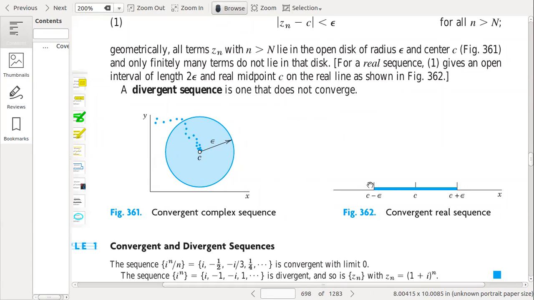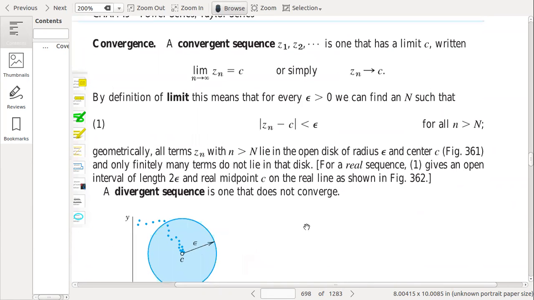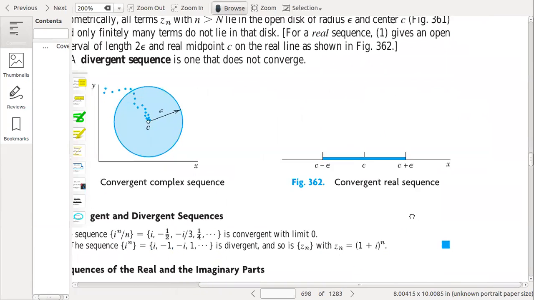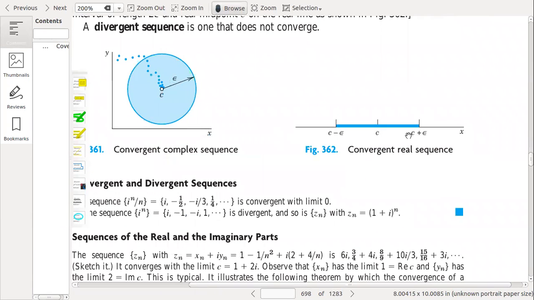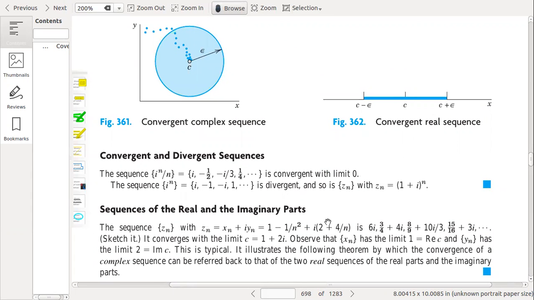And for a real sequence, the central point is C, or you can say the convergent point, that is, as n approaches infinity, this sequence will converge to point C. So C plus epsilon is to the right side and C minus epsilon is to the left side, and C is the center of the sequence.